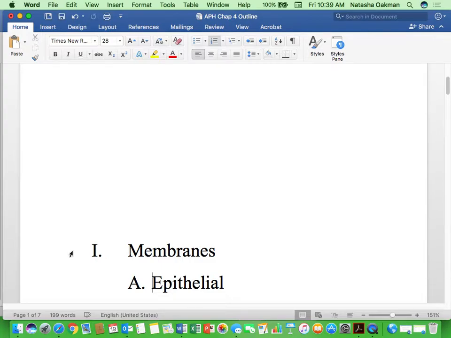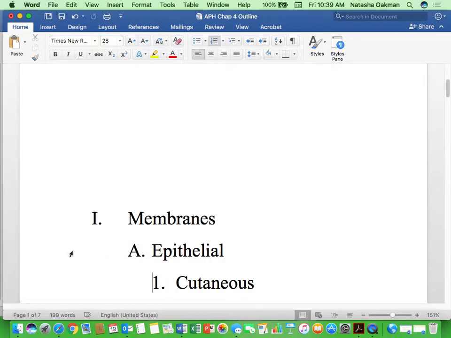There are three different types of epithelial membranes. The cutaneous membrane is your skin. And we're going to obviously get into a lot more detail on your skin since that's the majority of what this chapter is about. But let's take a look at the epithelial and the connective tissue layer.